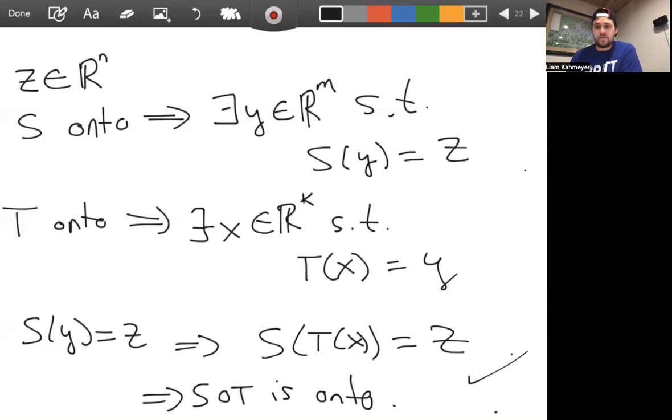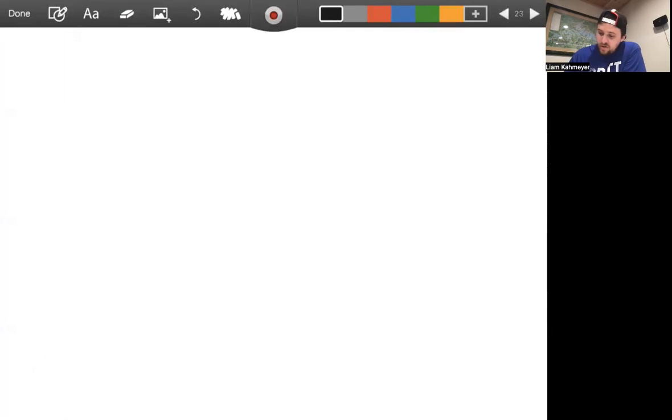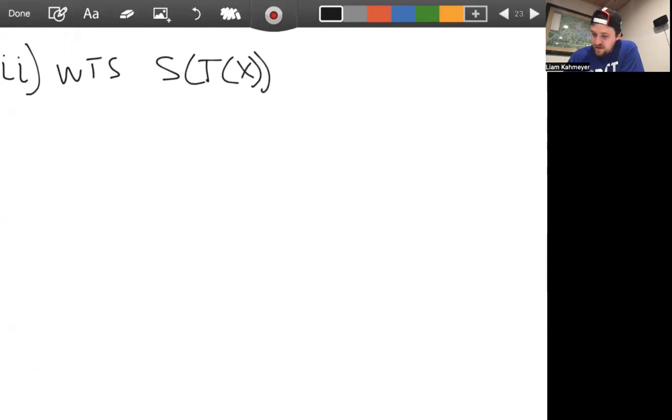Okay, next let's prove that if S and T are injective, then the composition is injective. So what do we want to show for injectivity? We want to show that S of T of X equals 0 implies X equals 0, right? That was our updated requirement for showing injectivity: if the transformation of some point is 0, then that original point had to be 0.